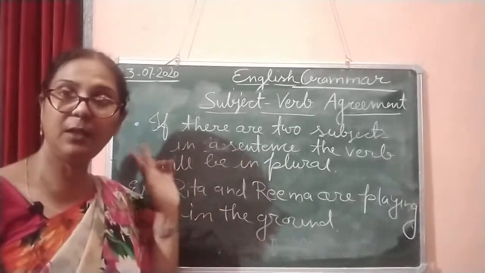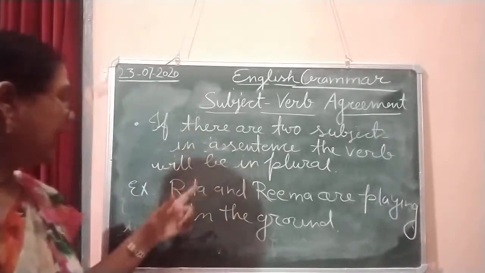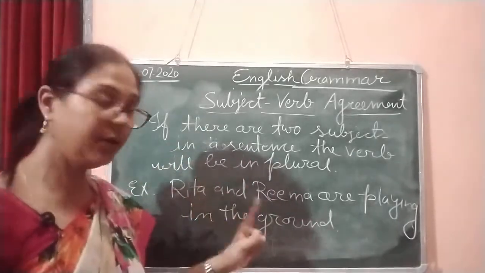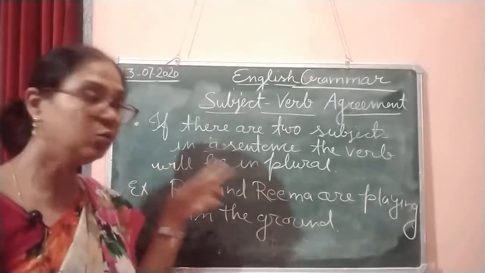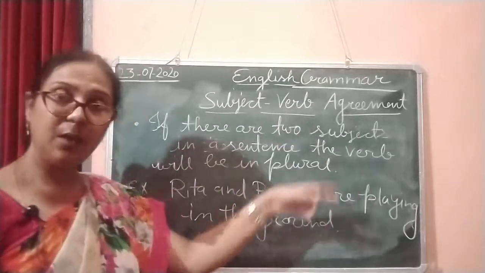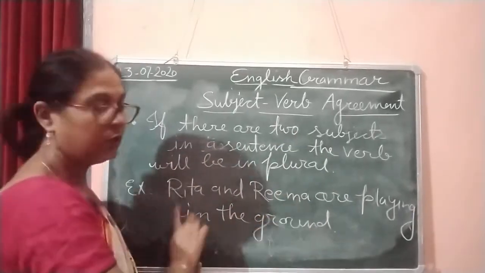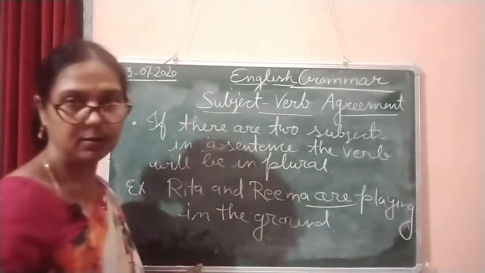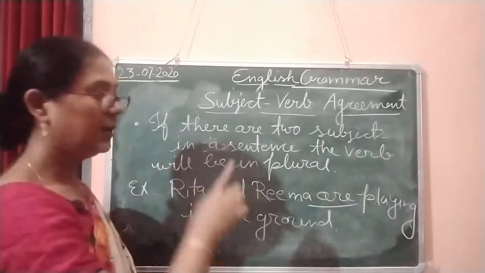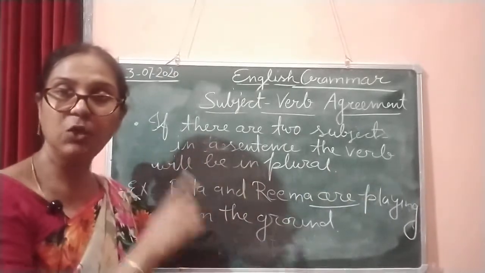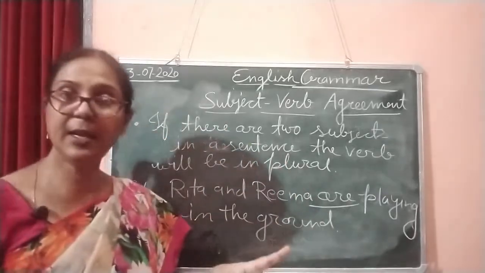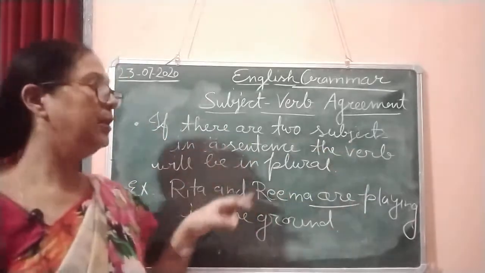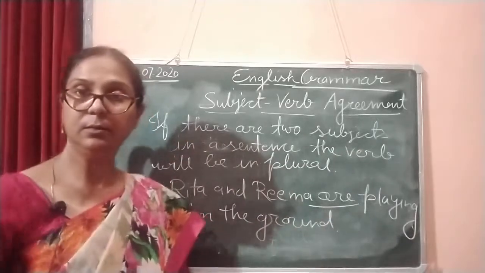Rita is subject number 1 and Rima is subject number 2. So here there are two subjects, and that is why I have used "are": are playing in the garden. So you have to always remember: if there are two subjects in a sentence, then the verb will be in the plural.